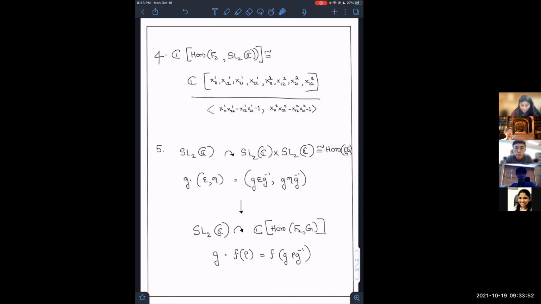Now we look at the action. SL2C acts on SL2C cross SL2C, which is isomorphic to the Hom set, by conjugation, right? If you take a pair epsilon and eta, each of which is an element of SL2C, then this is the action defined.